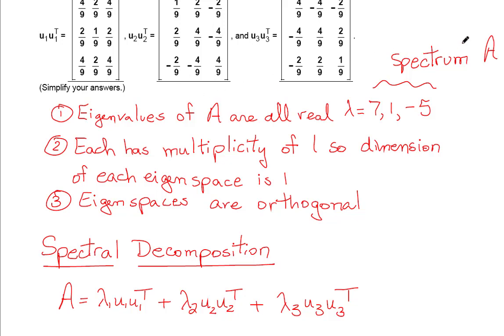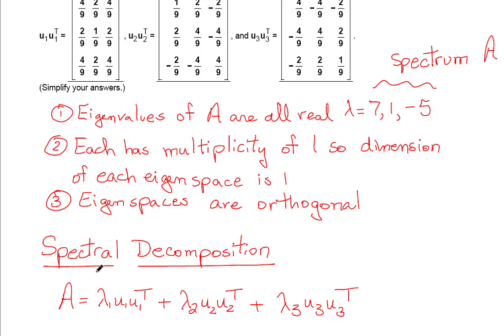The spectrum of A is the eigenvalues of matrix A. And it turns out that if all the eigenvalues are real numbers, and each has a multiplicity of 1, so the dimension of each eigenspace is exactly 1, then the eigenspaces are orthogonal.